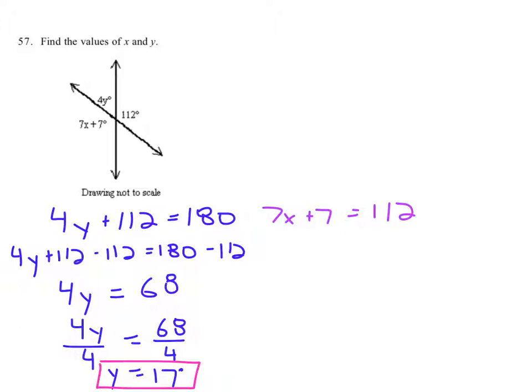And let's solve this next one. We've got, let's see what's happening to x. It's being multiplied by 7, and then 7 is being added to it. I'm going to undo that plus 7 with a minus 7. 7x plus 7 minus 7 equals 112 minus 7. And hold on just a second.